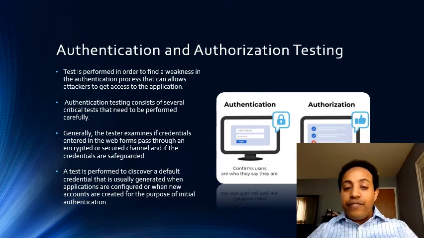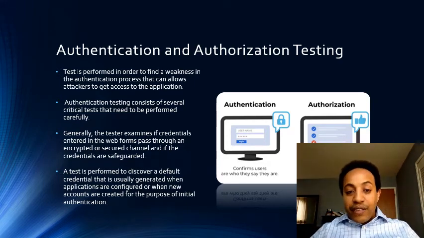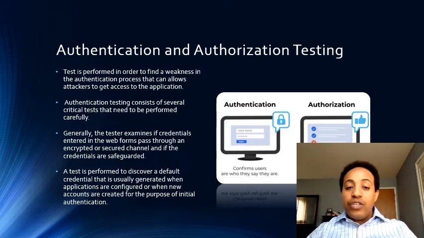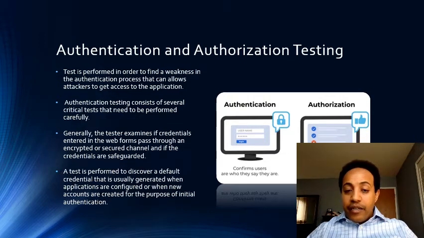He tests if the credentials are safeguarded. A test is performed to discover default credentials that are used generally when the applications are first configured or when new accounts are created for the purpose of initial authentication.